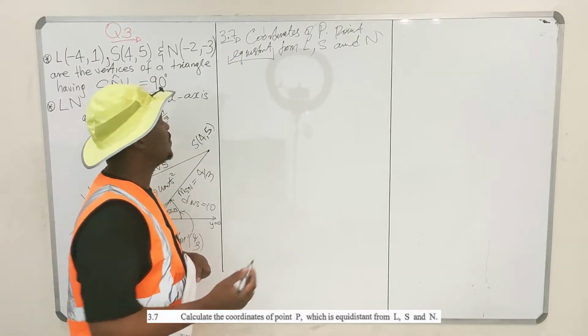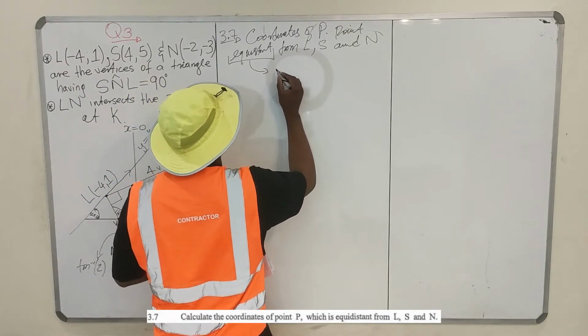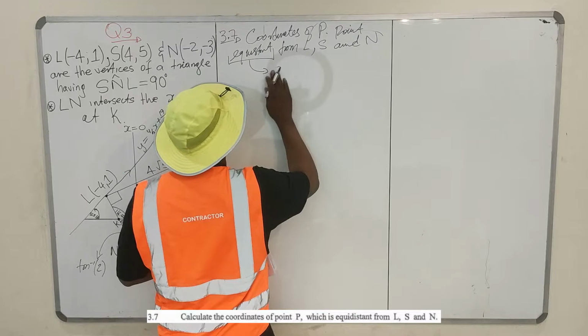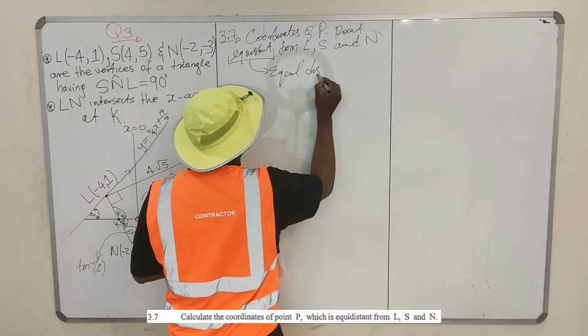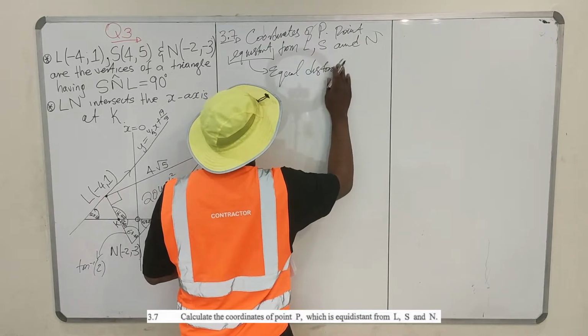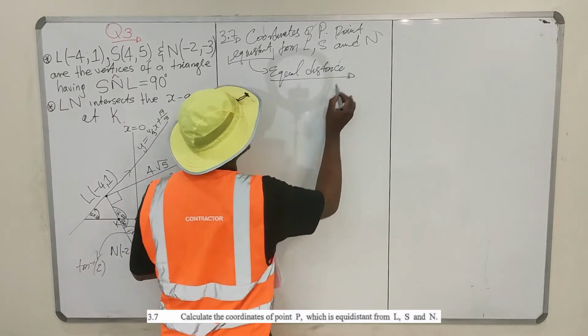Equidistant means equal distance. That's what they say.